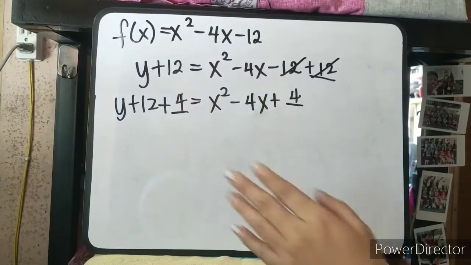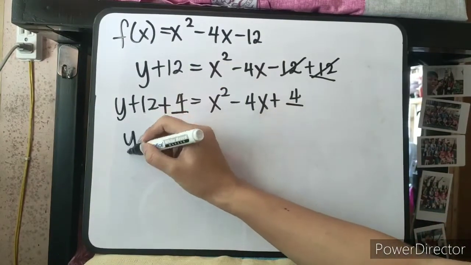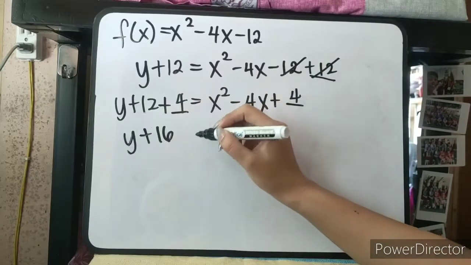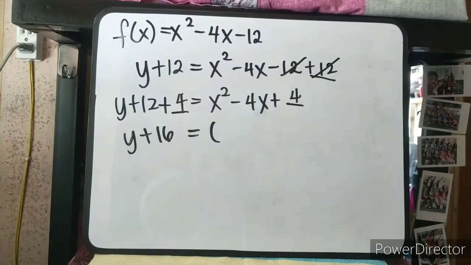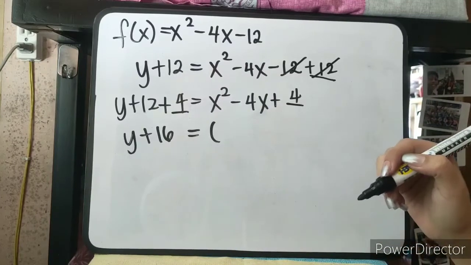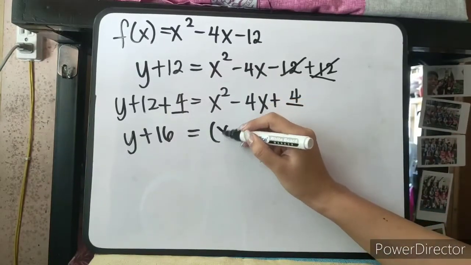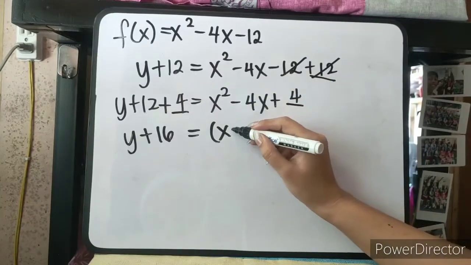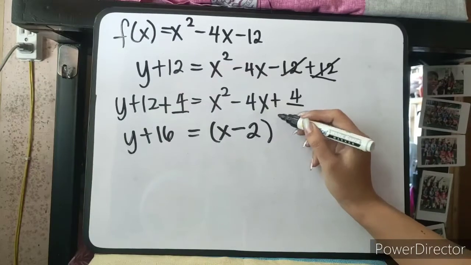And then, that's the time gawin natin yung operation dito sa left side. So, y plus 16 is equals to, ito naman, gawin nating square of the binomial kasi this is a perfect square trinomial. So, x minus, and then square root ng 4 is 2, and then squared.